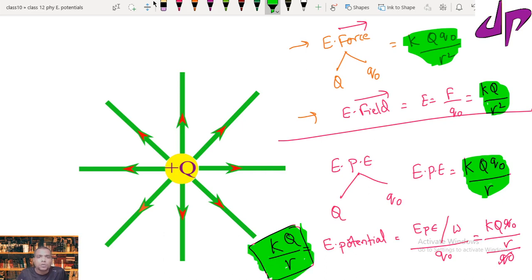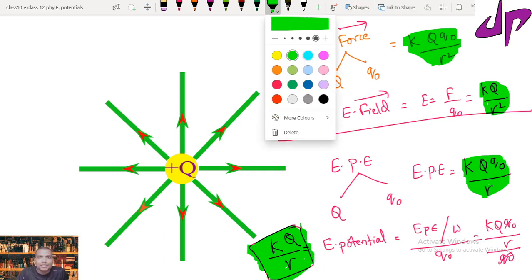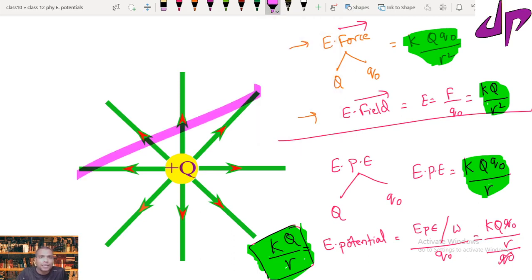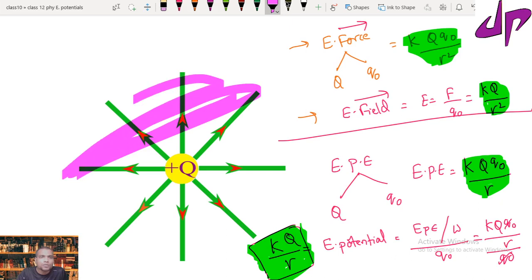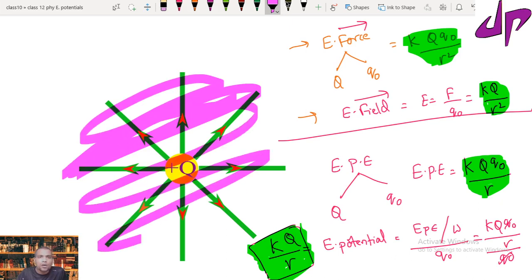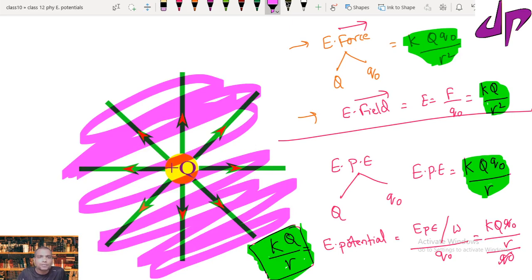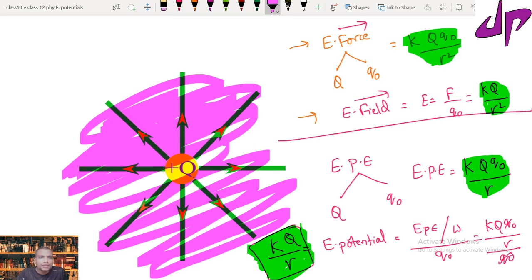So all four characters exist in this electric field. If you take the electric field due to these configurations, all four characters are existing. To get the force, we need two charges: one is the source charge and one is the test charge.